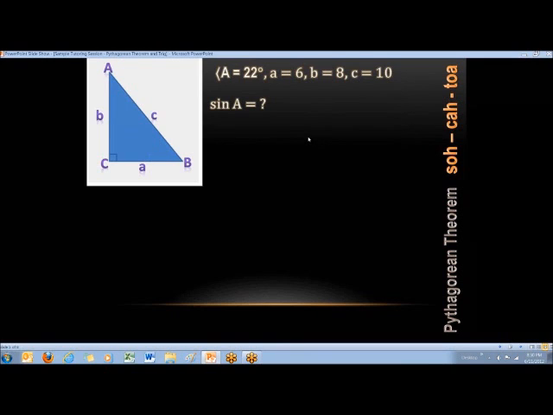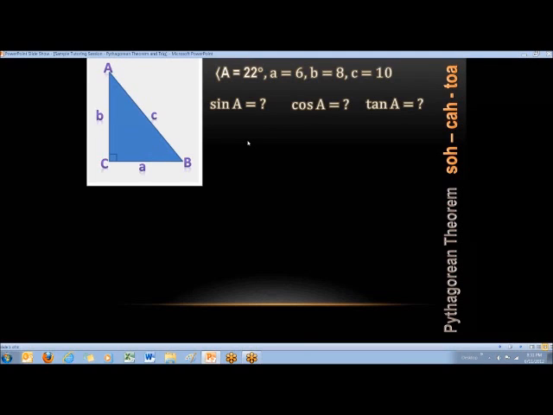Sine of A equals 6 divided by 10, which is 3/5. As a decimal, what would that be? Usually trig functions are given in decimal form. 0.5, no, 0.6. How about the cosine? 8 over 10, so 0.8.